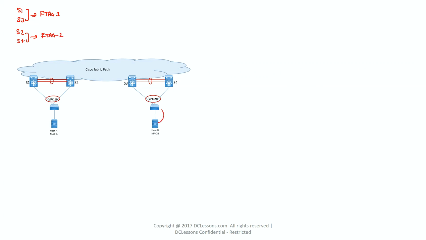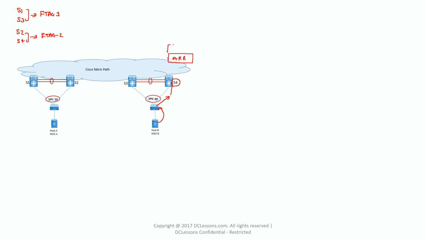Now when the ARP reply is sent from the VPC port channel, this switch selects the port, this path, and it reaches S4. S4 has announced its affinity to FTag 2. It will create a FabricPath header.